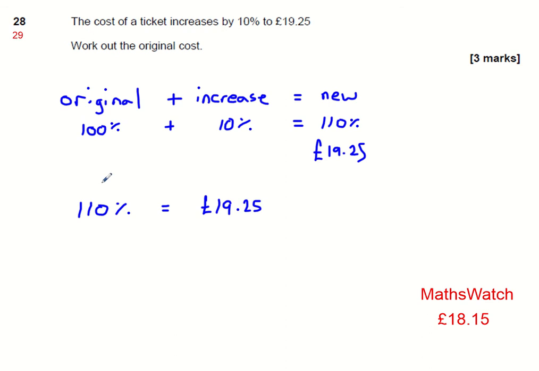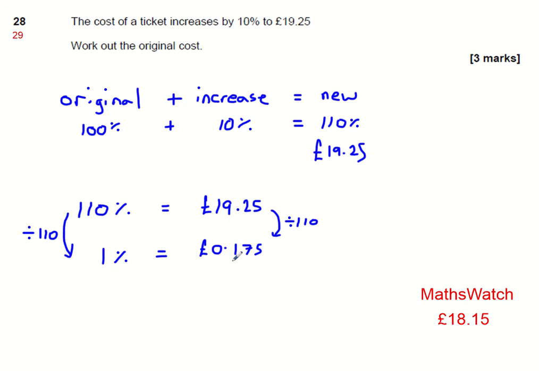I'm going to use what's called the unitary method, which basically means that I'm going to take this 110% and take it down to 1%, a single unit of a percentage. And in order to do that, I need to divide that number by 110. Which means that on the right hand side, I also need to divide £19.25 by 110. And when you do that, you get 0.175.